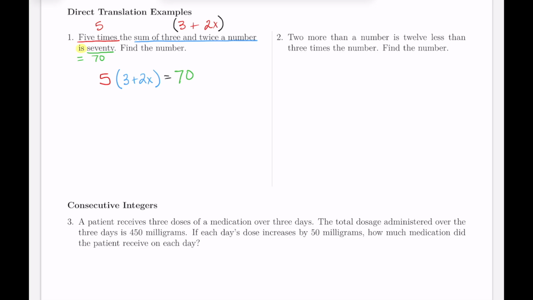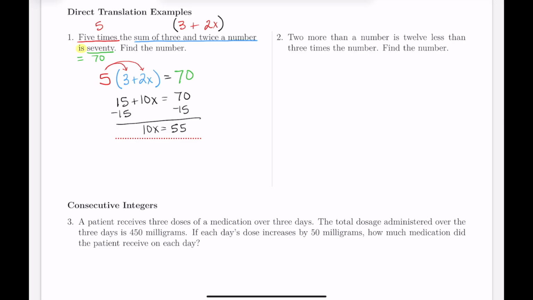There. We wrote this out using some numbers and variables. Okay, we're ready to solve. There's a few ways to solve, but if we keep doing this the way we've done previously, I'll just take this 5 and distribute it in. If you're wondering to yourself, could I have divided both sides by 5? Yes, you could have. But this will become 15 plus 10x equals 70. Then I'll subtract 15 from both sides and get 10x equals 55. The next thing I'll do is divide both sides by 10.